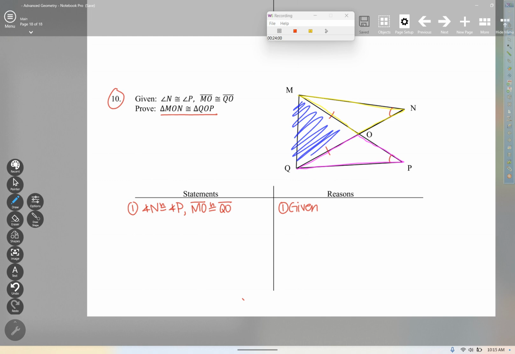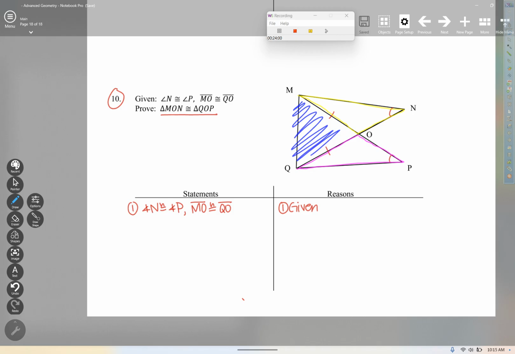They share angle O. They're vertical angles. So I can mark them with 2 arc marks since I've already used one. Now, if you remember from questions 1, 2, and 3, we couldn't just say angle O is congruent to angle O because they're 2 different triangles. So I need to be really careful here.